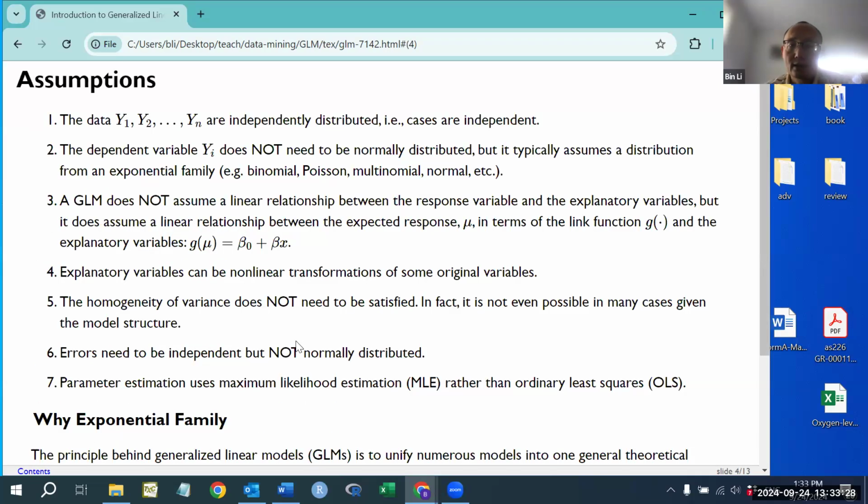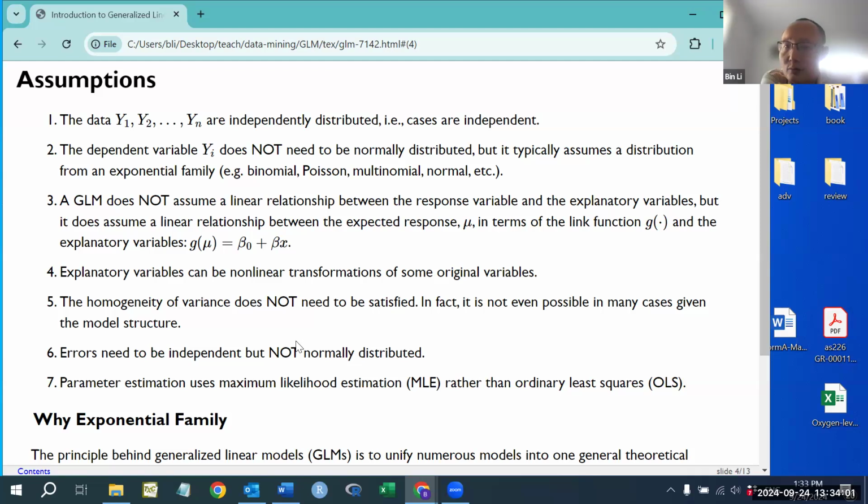Now let's see the assumptions for the generalized linear model. The first one, which is the most important, is the independence assumption. The data points should be independently distributed. And the dependent variable y actually doesn't have to follow a normal distribution.